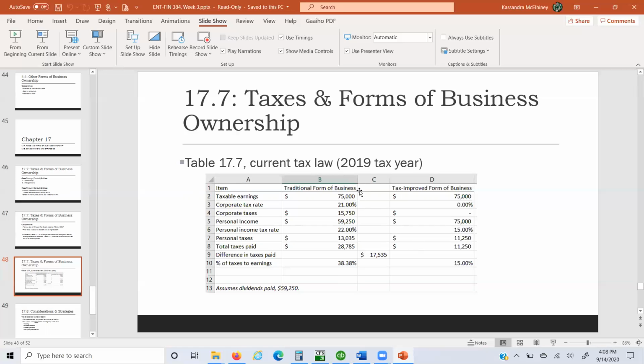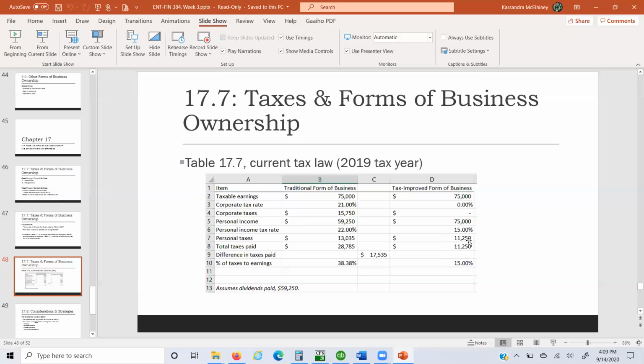If in turn that corporation was an S corporation, the dividends don't matter. The taxable earnings is going to be treated entirely as income on the individual's personal tax return, and possibly enjoy a little bit of a dip in tax rate as well. So the personal tax rate for D is maybe 15%.